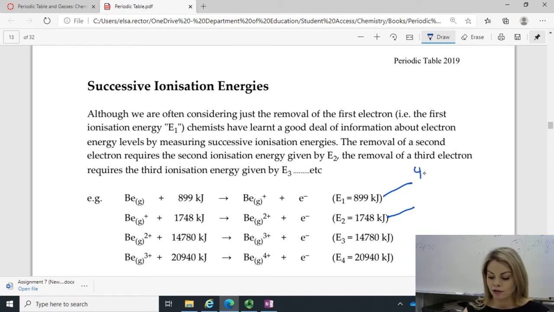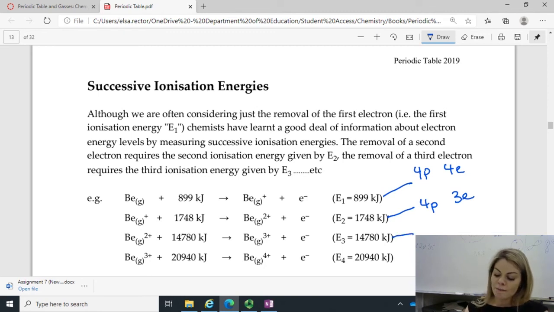So for this one, we've got 4 protons, 4 electrons. Here we have 4 protons, 3 electrons. Okay? So we've got a higher ratio of protons to electrons. So the pull on that outer one is now stronger. Does that make sense? It's a reasonable difference in energy there.